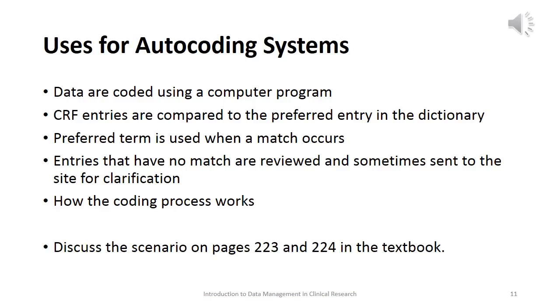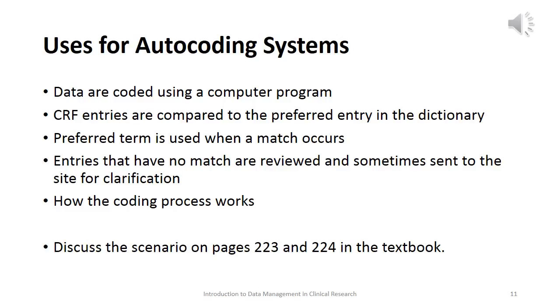So what happens is you've got CRF entries that are entered by the site, and then they're compared to the preferred entry that's in the dictionary, whether it's for a drug or for a medical diagnosis. And then as it works, the preferred term is used when a match occurs. So entries that don't have a match are going to be reviewed, and sometimes they may be sent to the site for additional clarification.